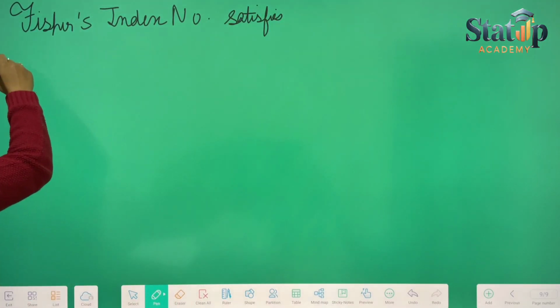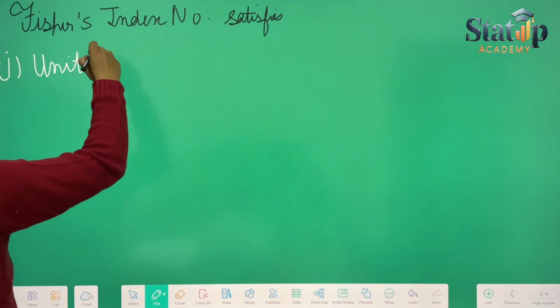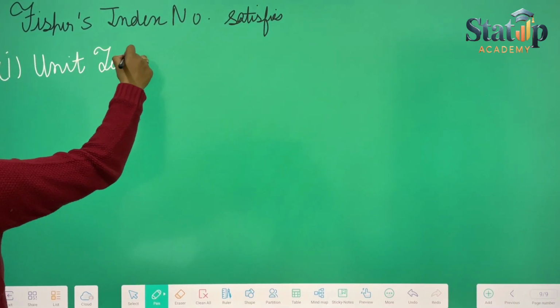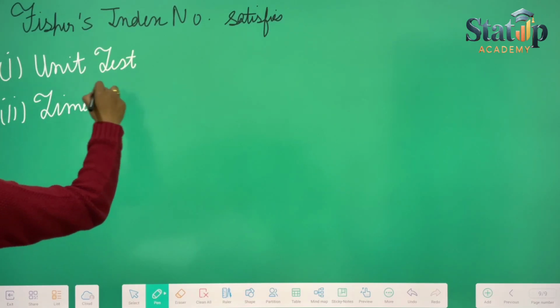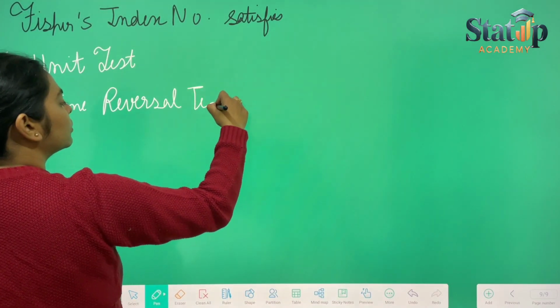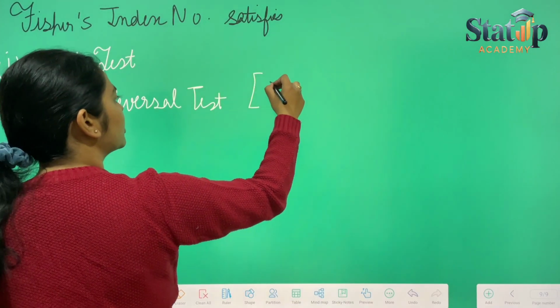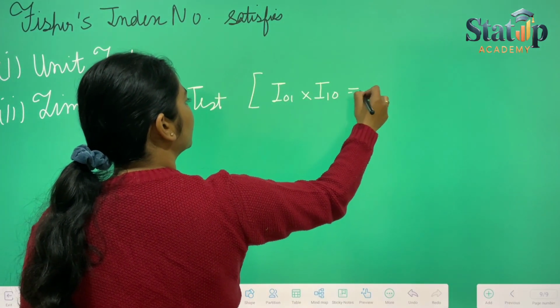first, the unit test, which is satisfied by all the index numbers. Second is the time reversal test, which had the equation I01 into I10 equals 1.